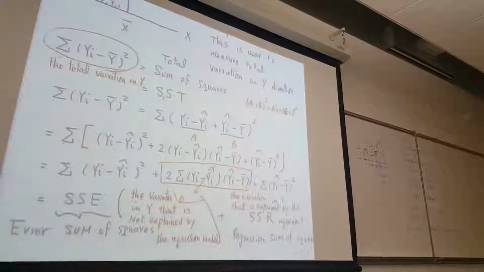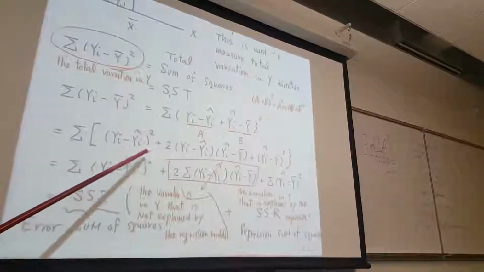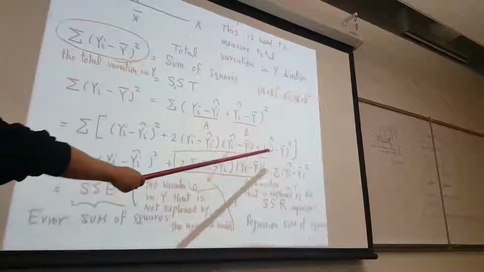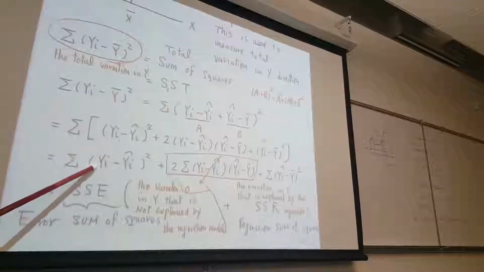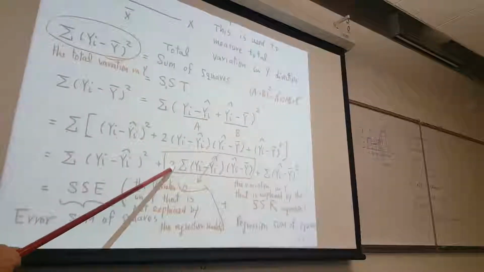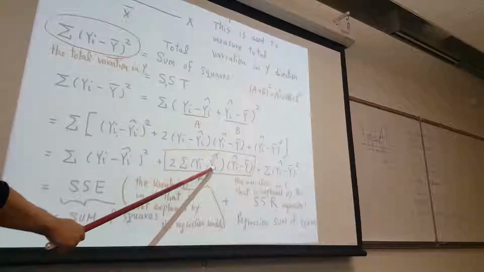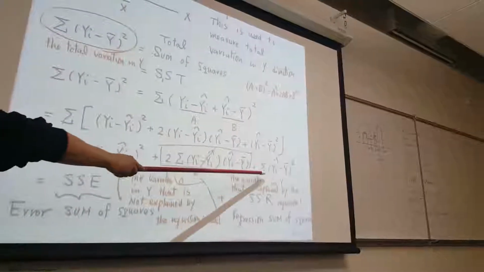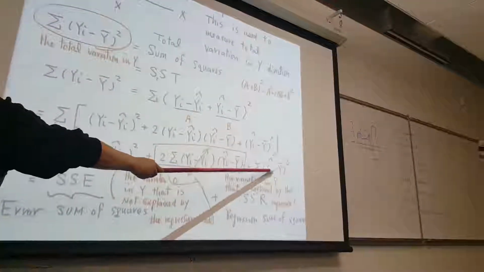Are you with me? Now, we apply summation to all three terms. We have the summation of yi minus yi hat squared plus 2 times the summation of yi minus yi hat times yi hat minus y bar plus the summation of yi hat minus y bar squared.